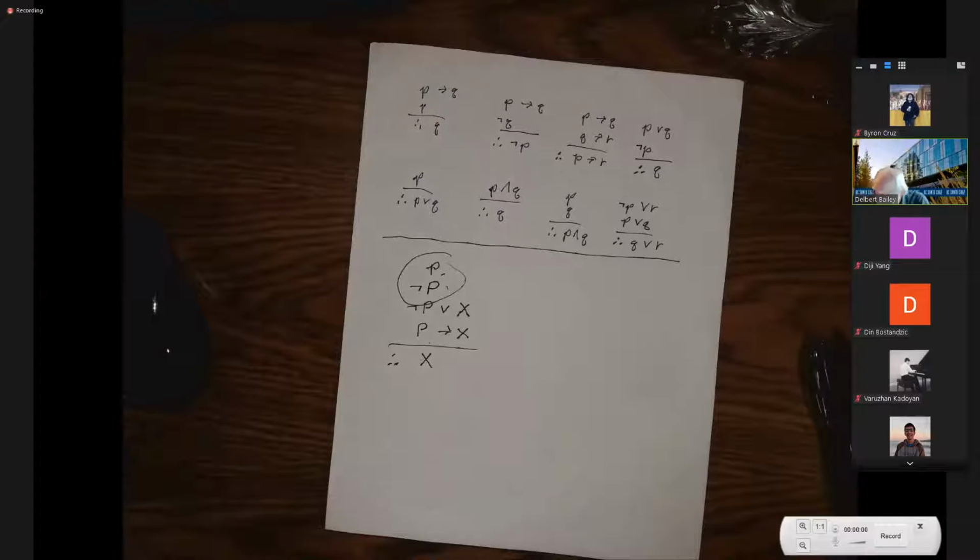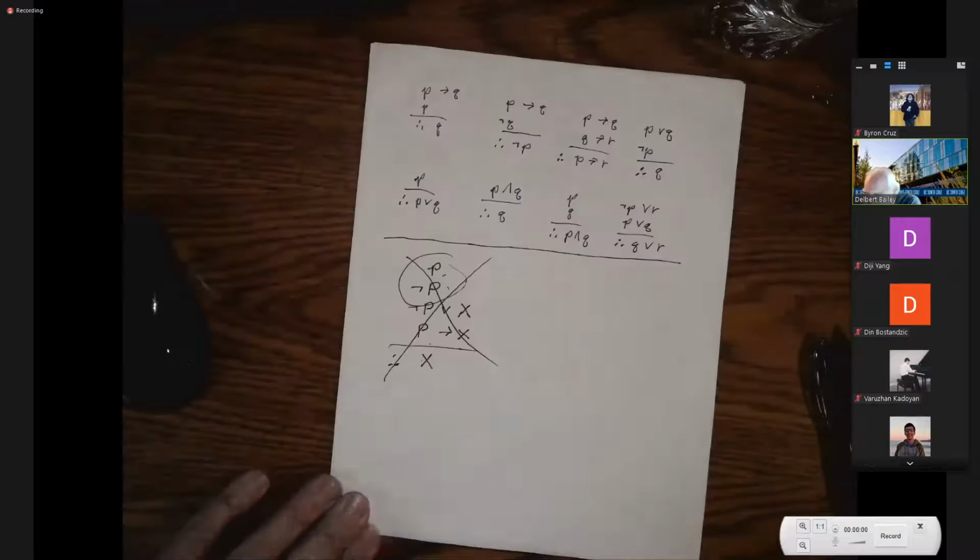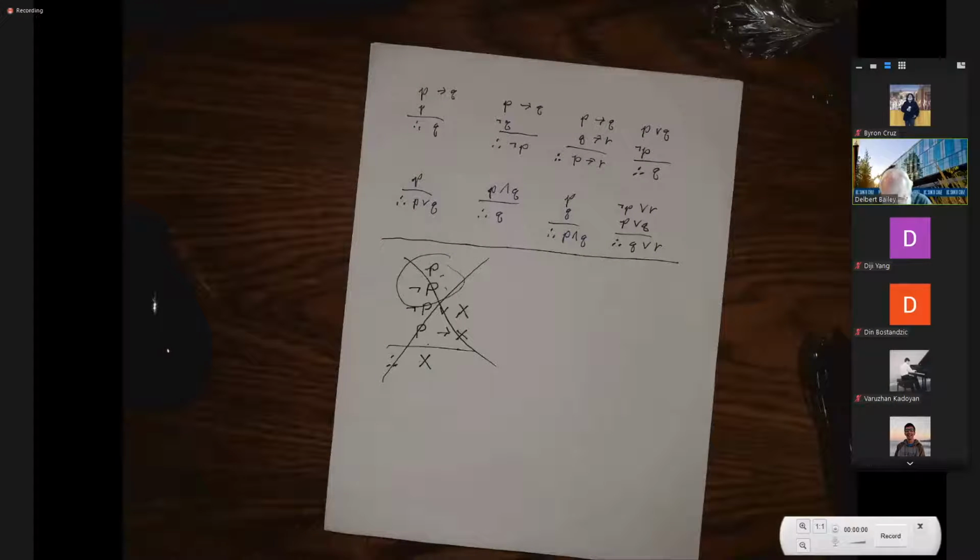Okay, and of course now we know we can avoid Russell's paradox. So we don't have to worry about that.